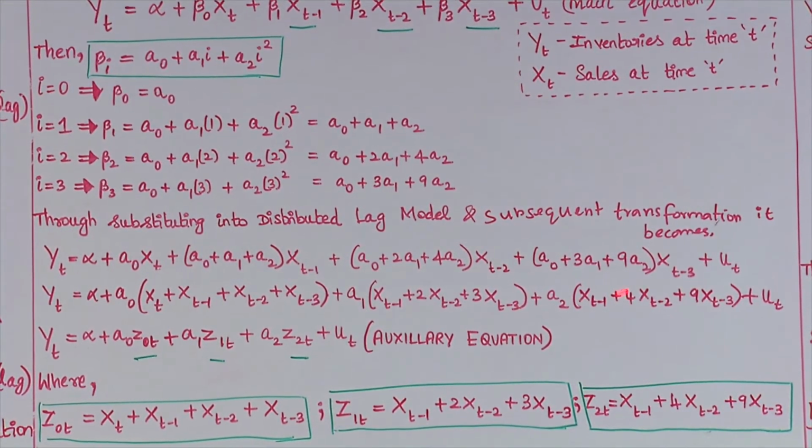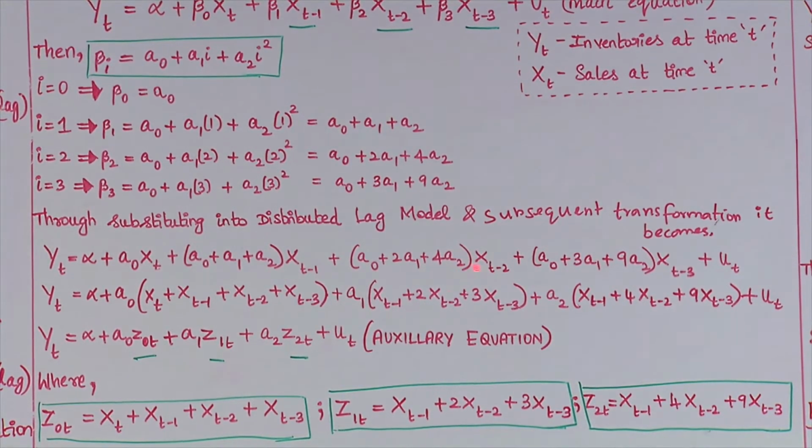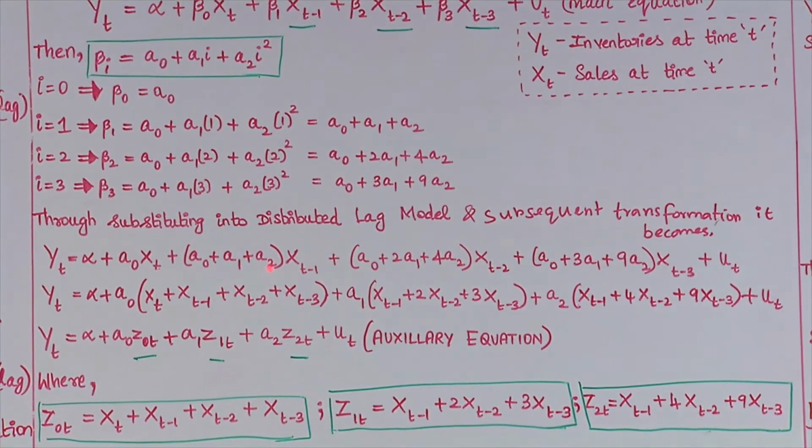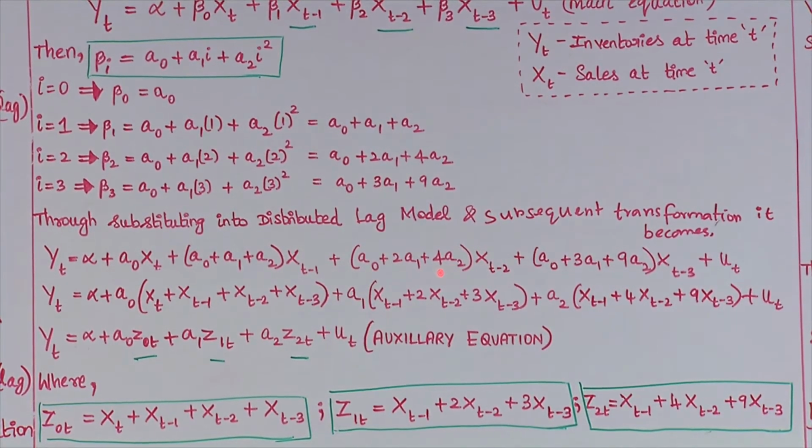Just collect all the variables corresponding to a2. That is here you have got xt minus 1, and you have got 4 xt minus 2, and you have got 9 xt minus 3. So you collect all this, and you get the third expression.